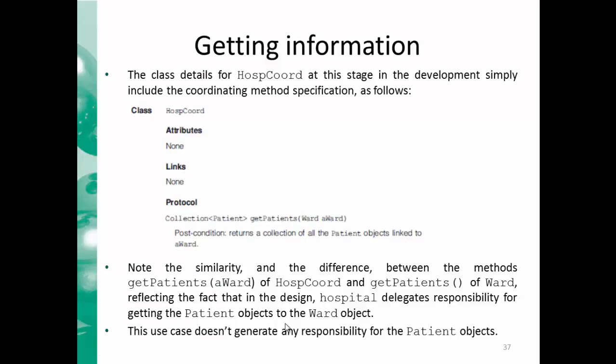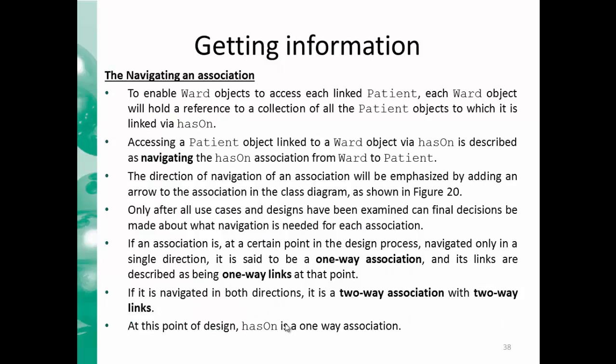And another method was also added to the protocol of the hospital coordinating object and the class, which is HostCoord. And as you can see, our structure model is now enriched with more links and more protocols.